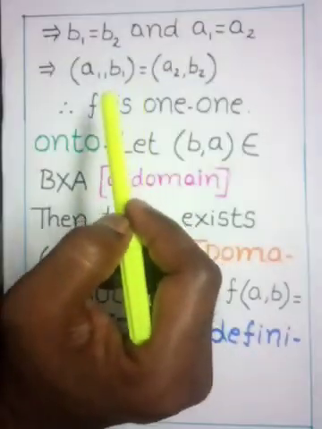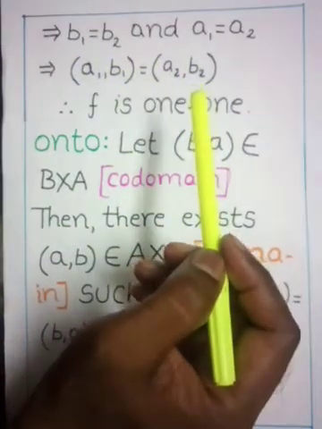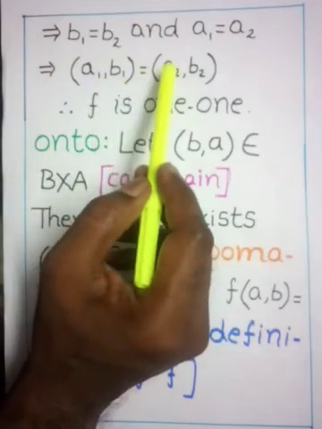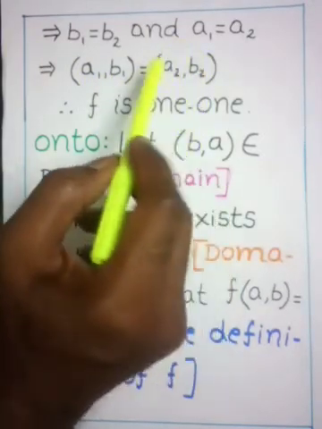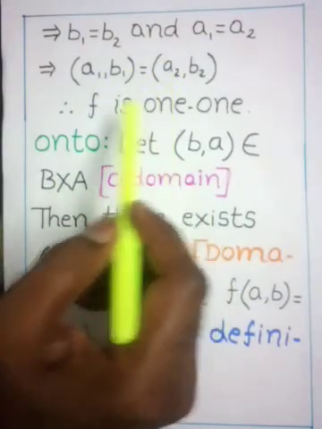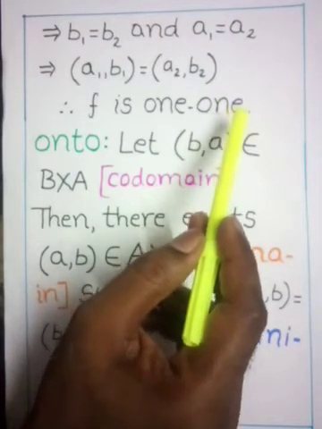So we started with f of (a1, b1) equal to f of (a2, b2), and finally we got (a1, b1) equal to (a2, b2). It means the given function satisfies the one-one condition. Therefore, we can say that f is one-one. Understood, my dear children?